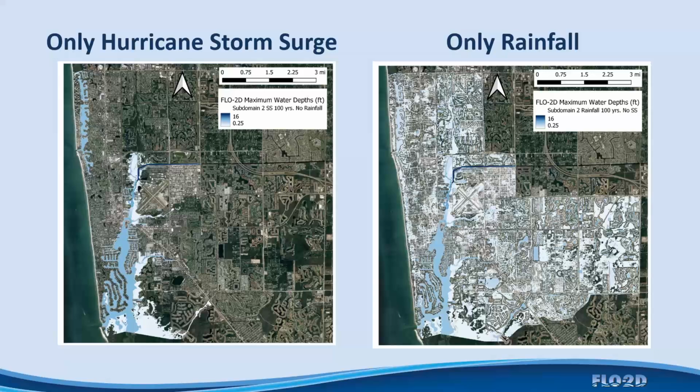And you can see the difference between the hurricane storm surge and when you apply only the rainfall, and where the water is ponding, or where it is having some very high depths and so forth. You can look at whether or not the airport is being inundated. In this case, it's not being inundated by the storm surge, only the rainfall.